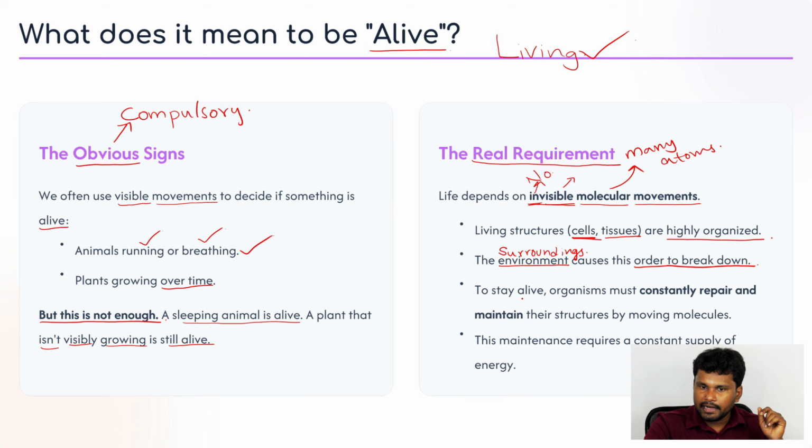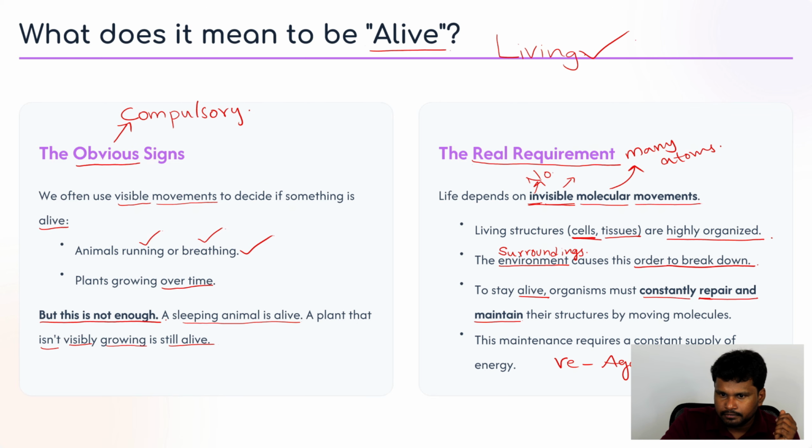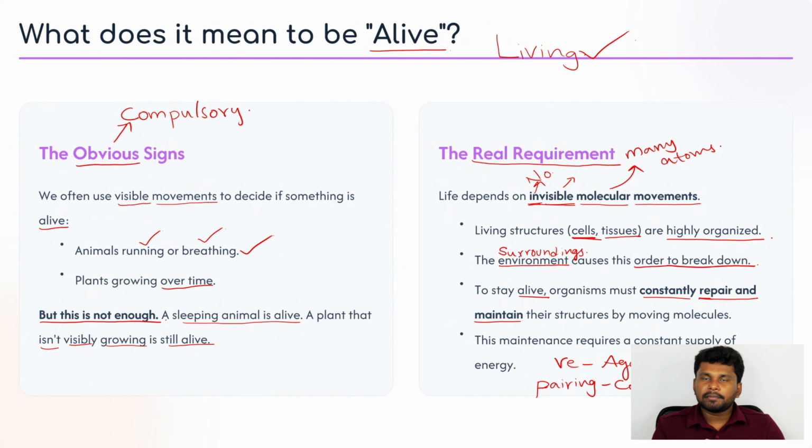To stay alive, organisms must constantly repair and maintain their structures by moving molecules. So what does it mean by repair? Re means again. So what is meant by repairing?